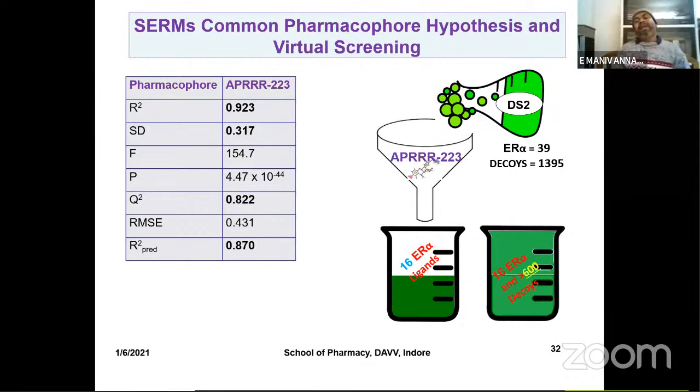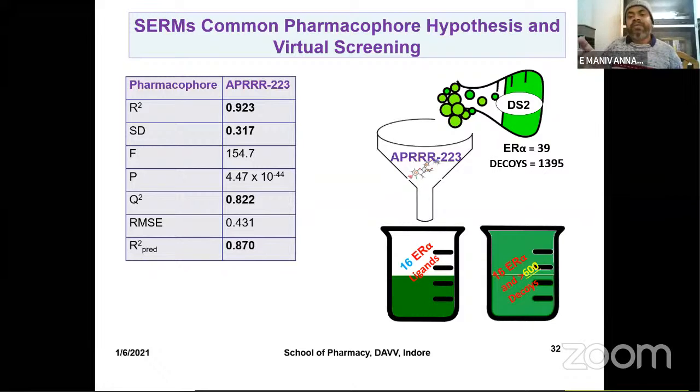So the screening of this DUD-E set, data set 2, with this pharmacophore. Data set 2 contains 39 ER alpha active molecules and 1395 decoys.